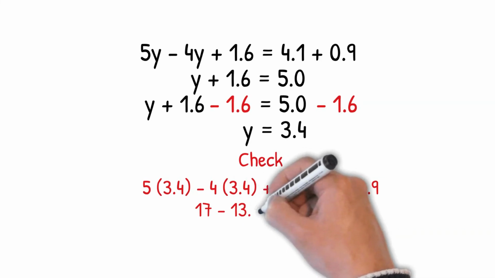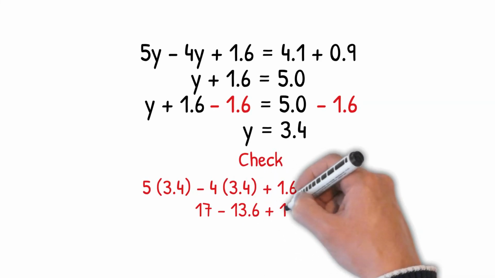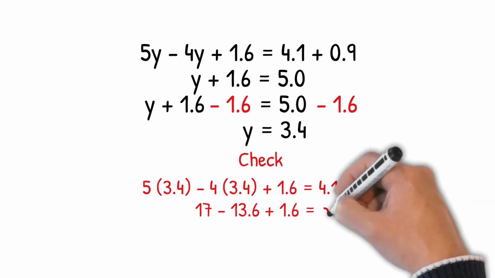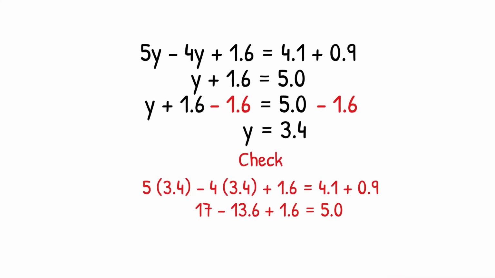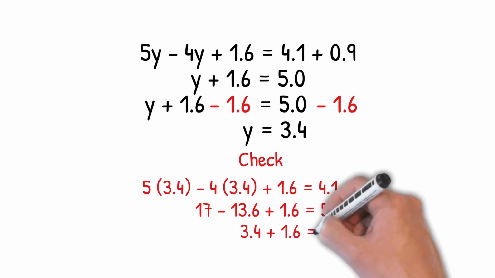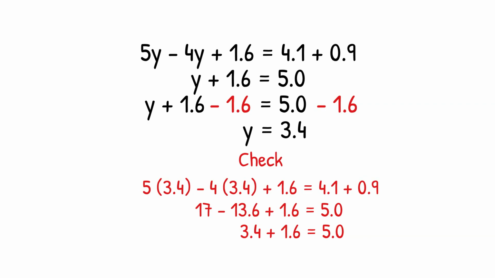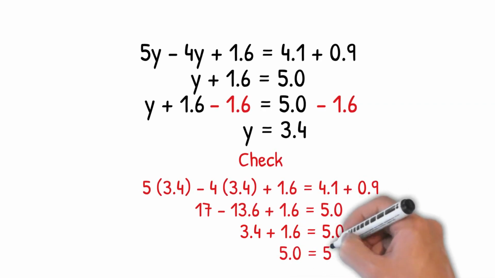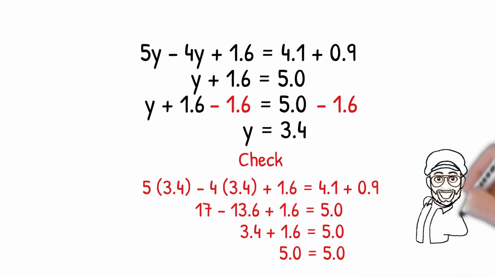Negative 4 times 3.4 is negative 13.6 plus the 1.6 is equal to 4.1 plus 0.9 or 5.0. Now 17 minus 13.6 is 3.4 plus 1.6 is supposed to equal 5. Well, 3.4 plus 1.6 is 5. 5 equals 5. Hey, it checks.